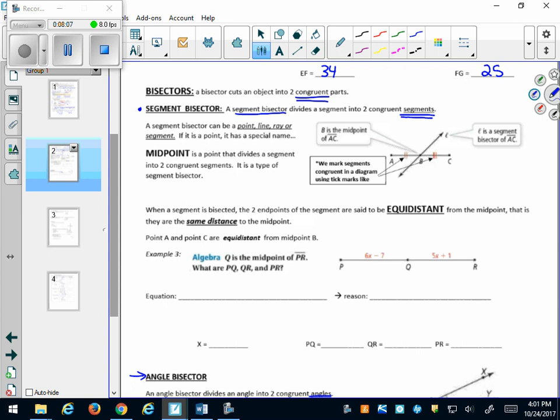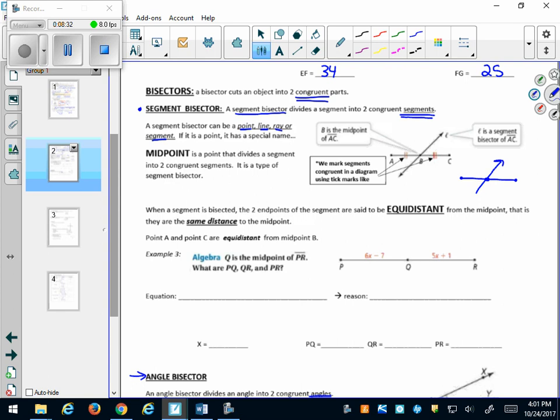We'll start with the segment bisector. A segment bisector can actually be a point, a line, a ray, or a segment. So when you have a segment, to divide it in half, I could cut it in half by just putting a point right in the middle. I could cut it in half by putting a ray through it.